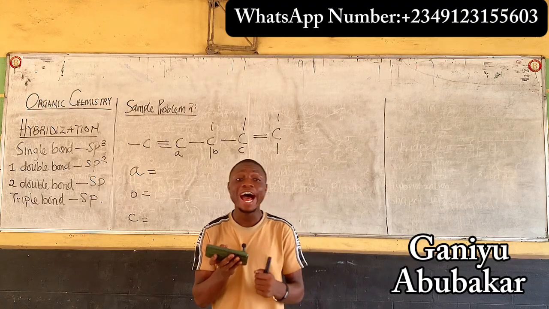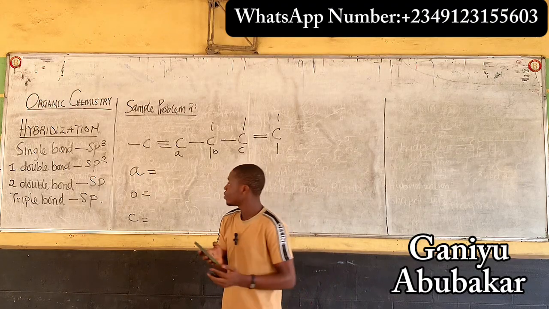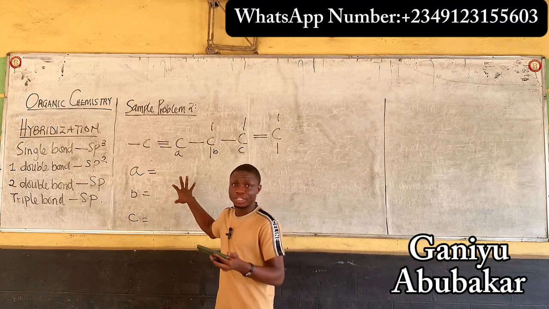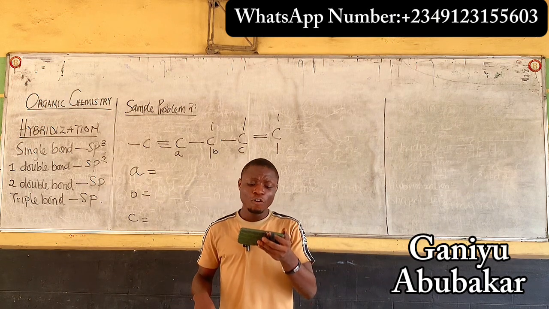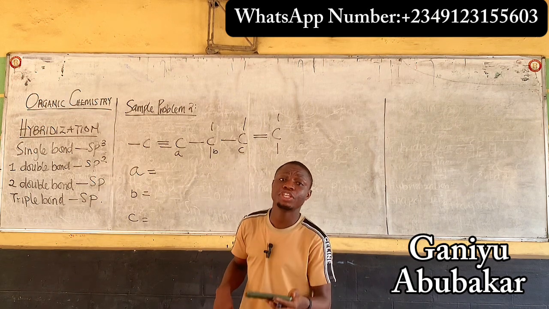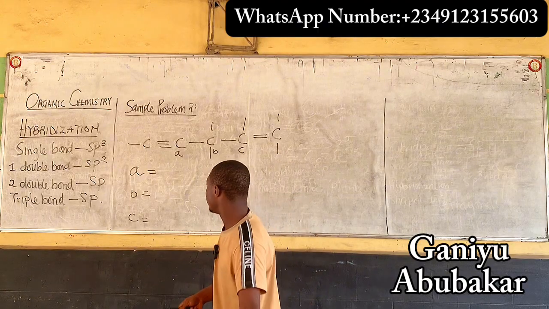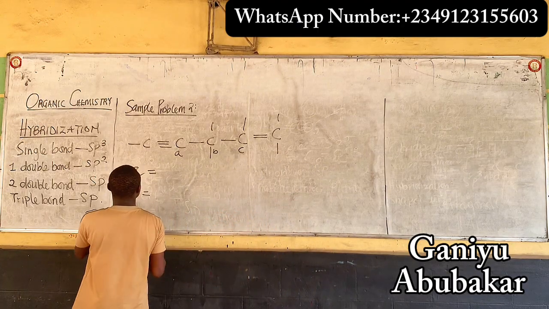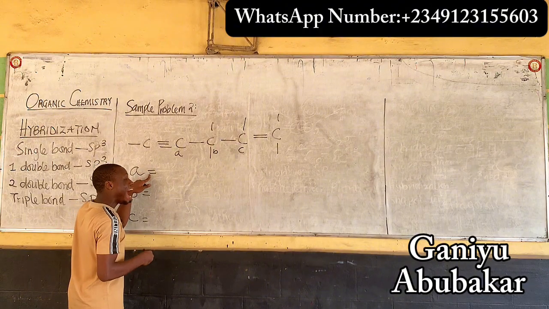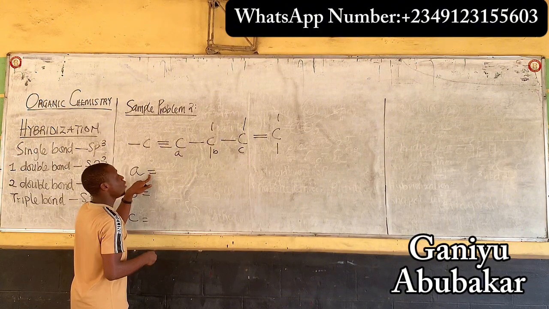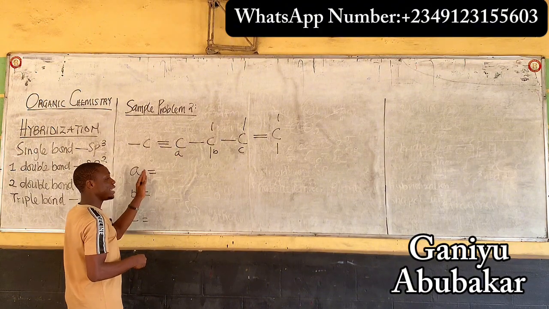It says: indicate the hybridization pattern for the carbon atoms in the compound. That's all. So now observe, please.